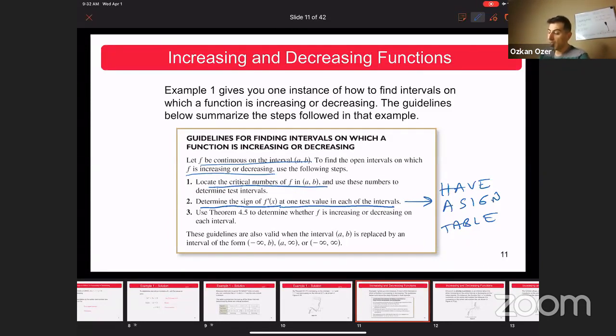Okay, and based on the sign of f prime, deduce if f is increasing or decreasing. In other words, if f prime is positive on a subinterval, then f is increasing. If f prime is negative, f is decreasing, and if f prime is 0, f must be constant on that corresponding subinterval. Okay, so take this as a good set of guidelines to determine increasing and decreasing behavior.